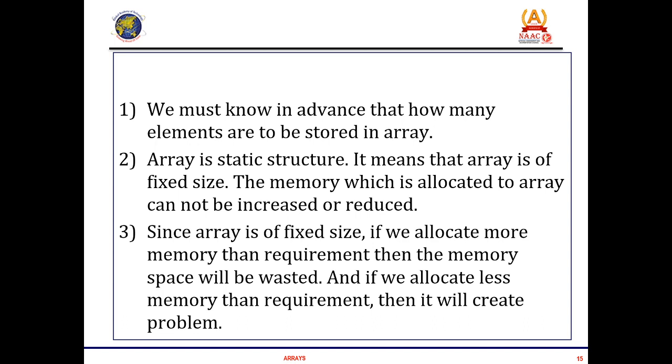And suppose if we are using integer data type and integer occupies 2 bytes, then int a of 10 will occupy totally 20 bytes. Now this 20 bytes, neither it can be increased nor it can be reduced. And hence, this is the prime reason why array is called as static structure.